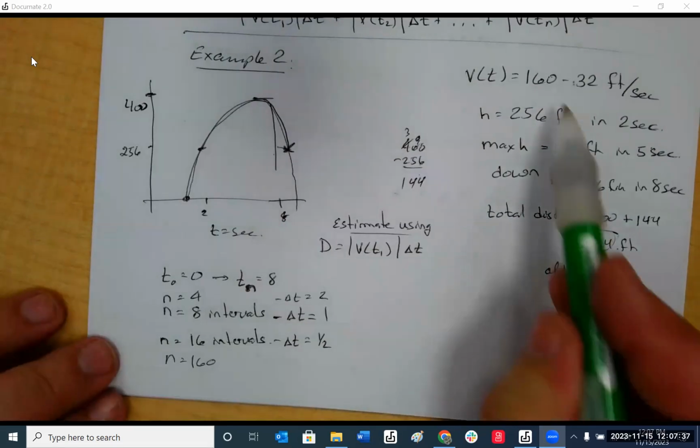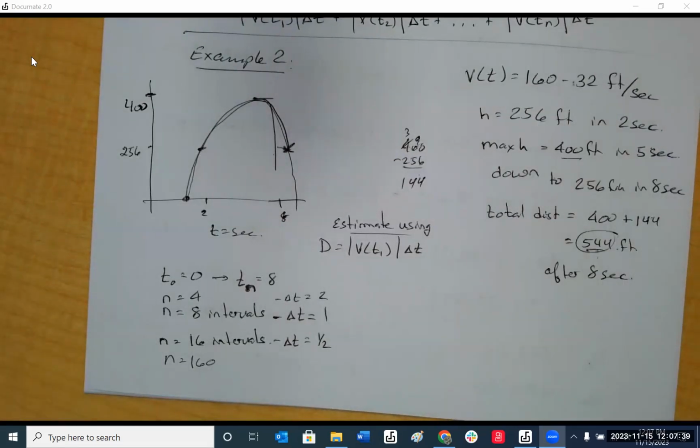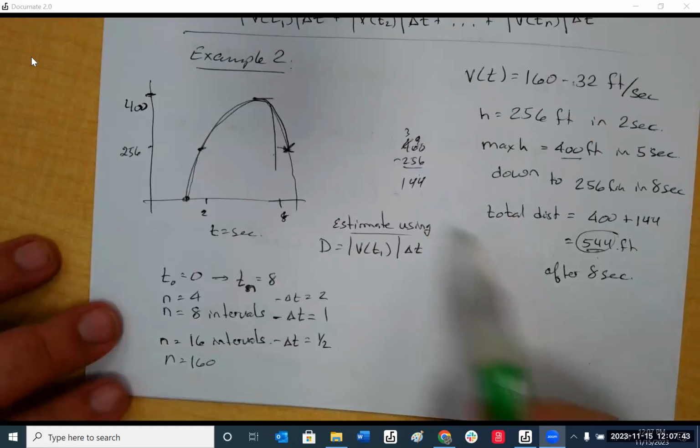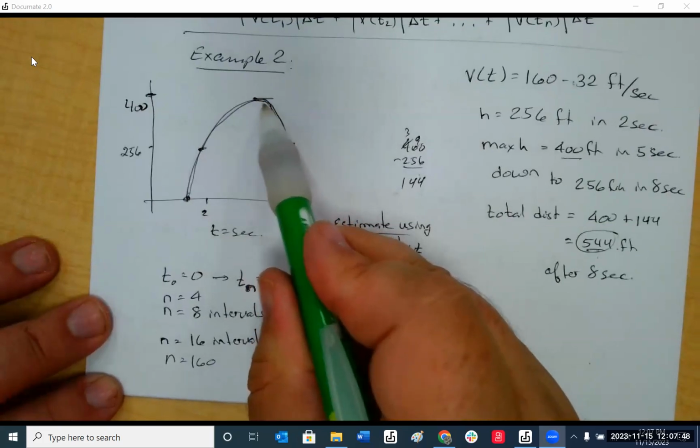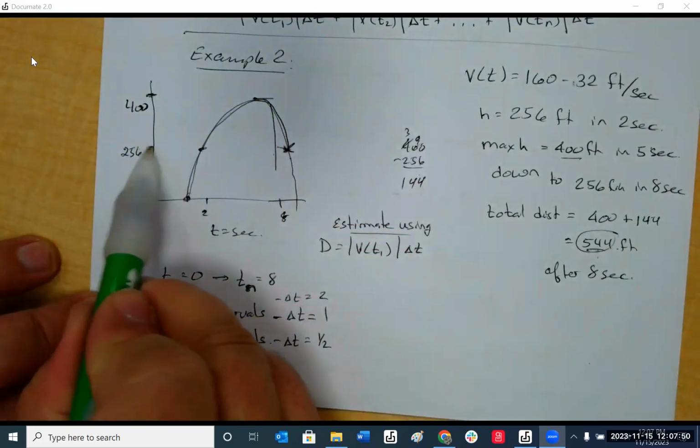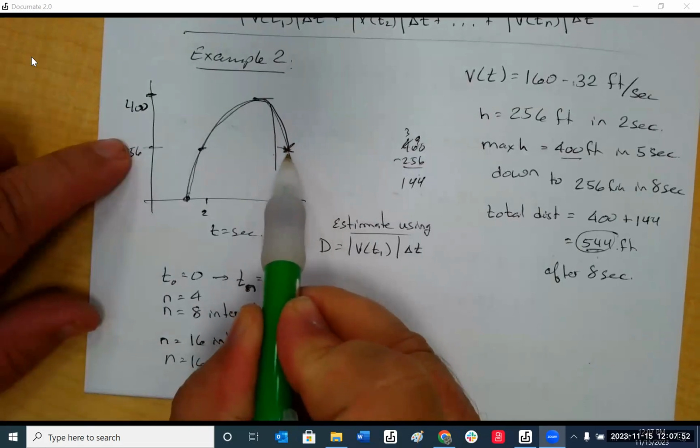But since we knew the true value, and we knew that after 8 seconds it was back to where it began, how far did it travel? From 0, it went up to 400 feet, and it traveled back down to here. Well, how far did it get here after 8 seconds?